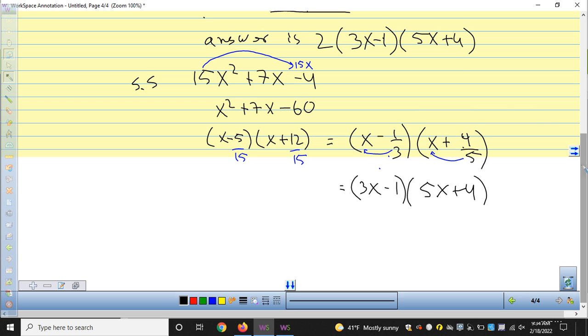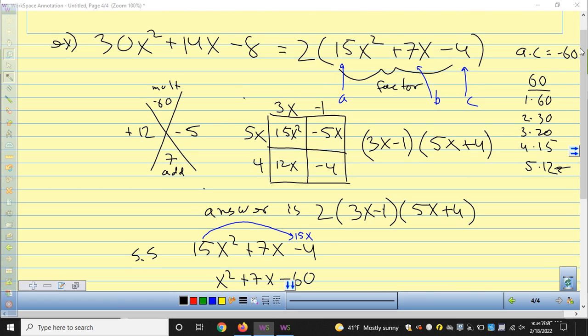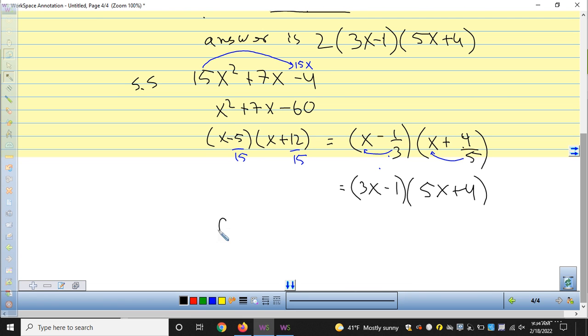And then at the end, I need to remember I factored this thing that's inside the parentheses. So my final answer is 2 times 3x minus 1 times 5x plus 4.